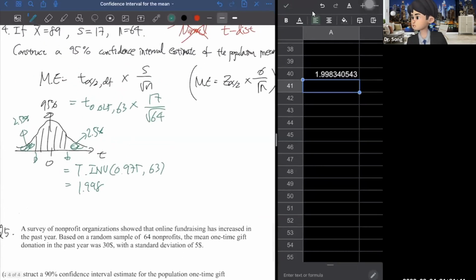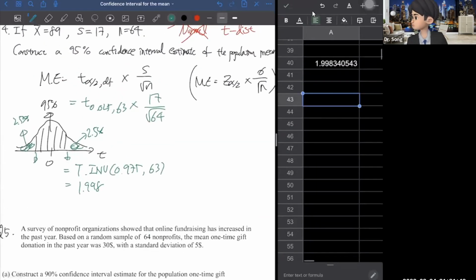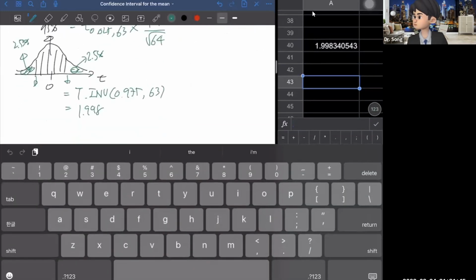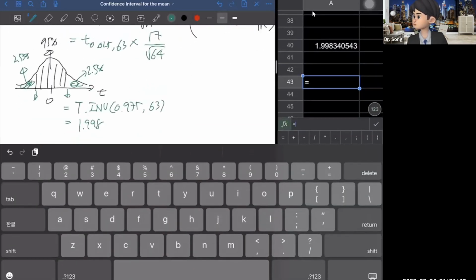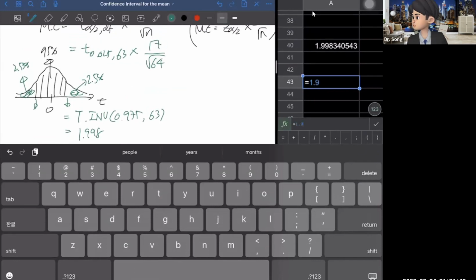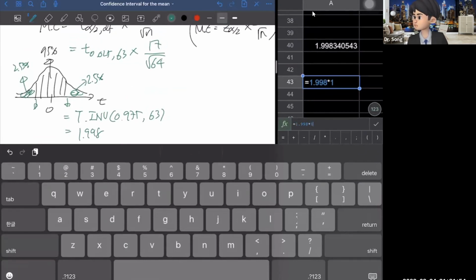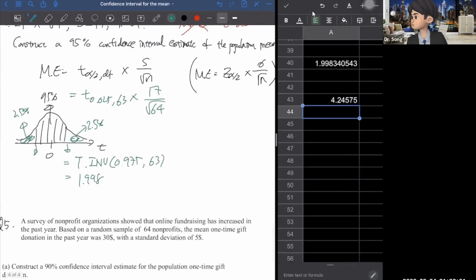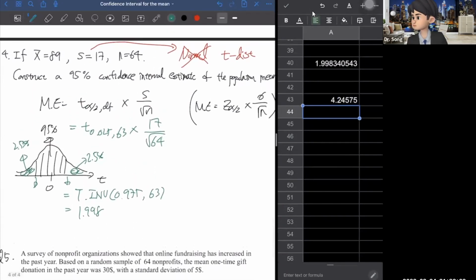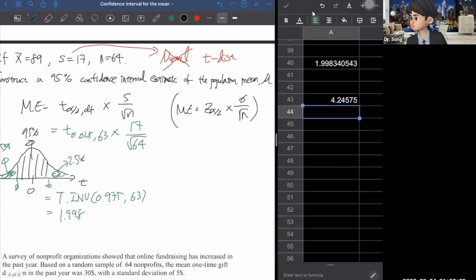Okay, so we're done. We can find the margin of error, which is 1.998, the t critical value, times the sample standard deviation 17 over square root 64, which is just 8. So the margin of error is 4.245 something. Then x bar minus the margin of error gives you the lower bound. x bar plus the margin of error gives you the upper bound.